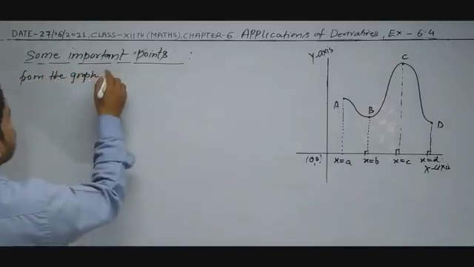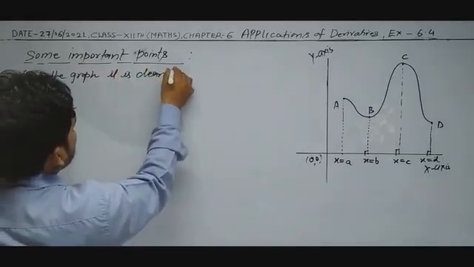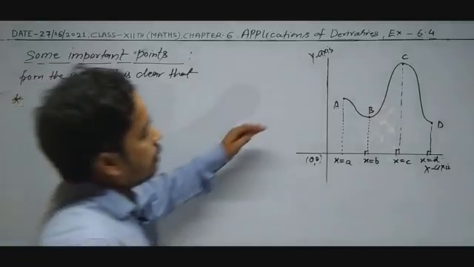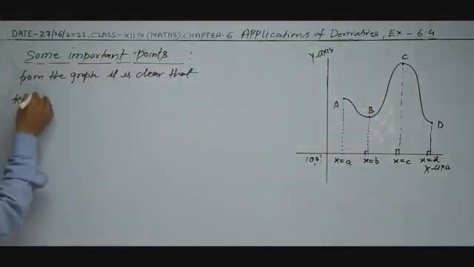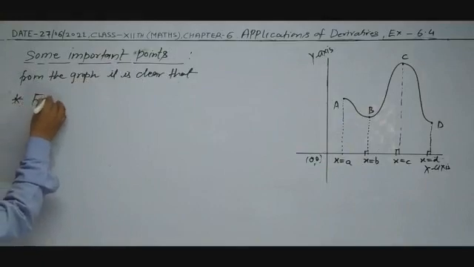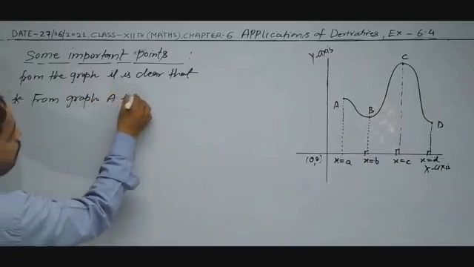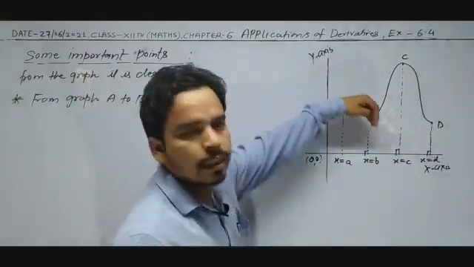it is clear that the first part, from graph capital A to B, the graph is decreasing.